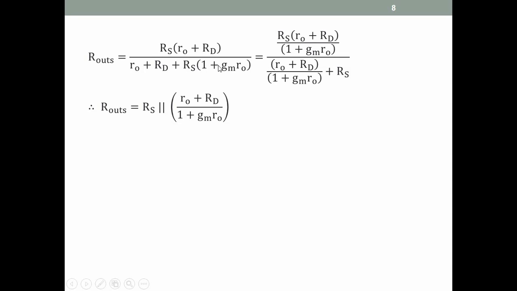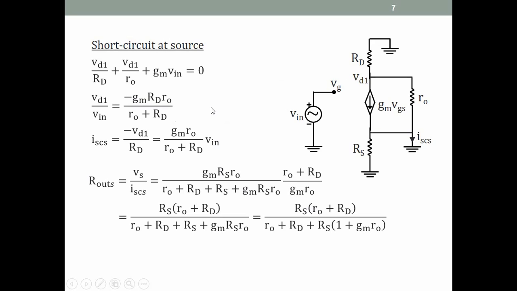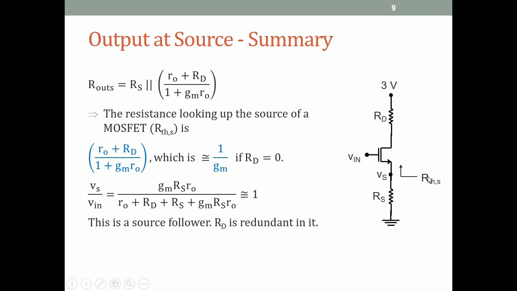Otherwise it is not easy to see why one would do such a strange division. But now that we've done it, we see that it is the parallel combination of RS and RO plus RD by 1 plus GM RO. So the resistance looking into the source of this circuit is RS parallel some quantity. And why is that important and useful? Because, let me see, okay, here.